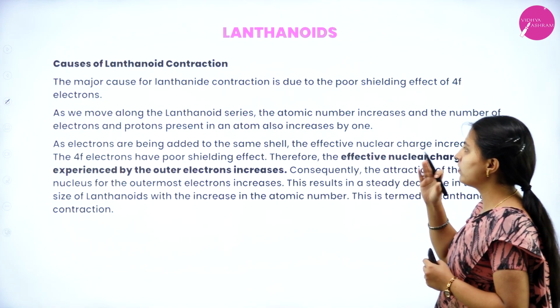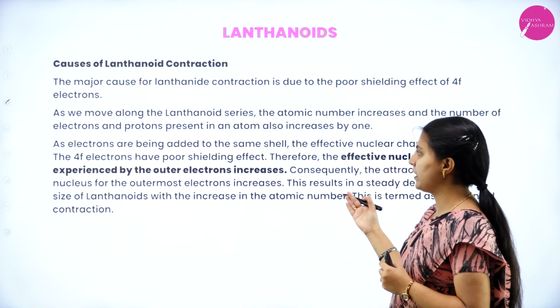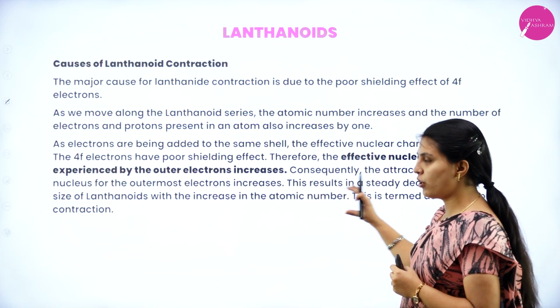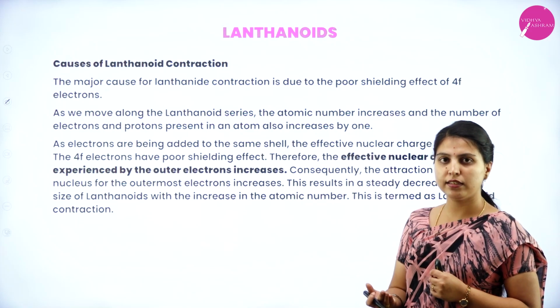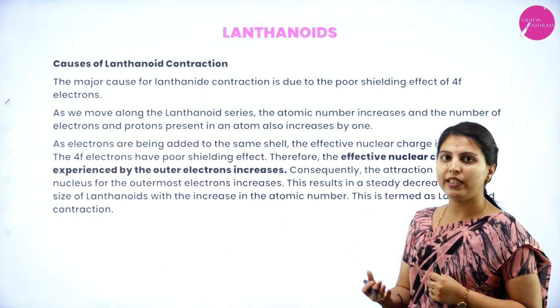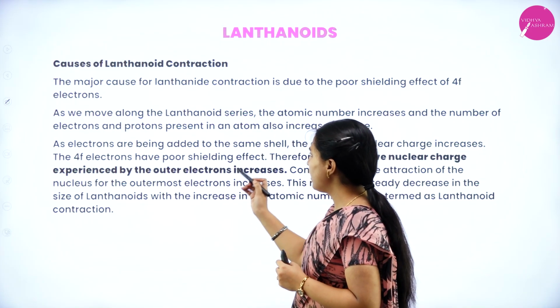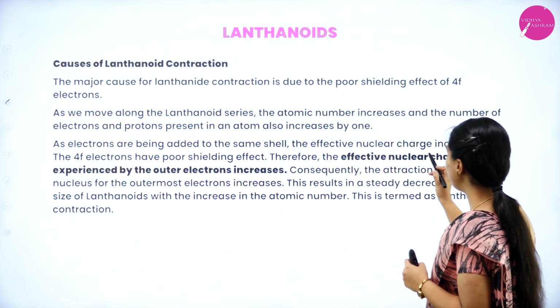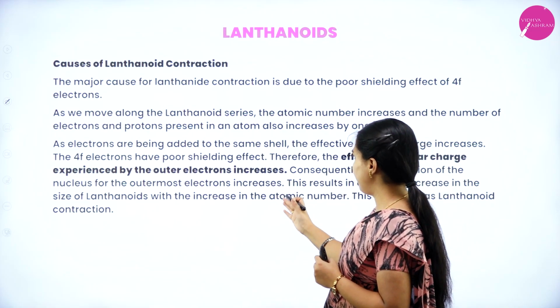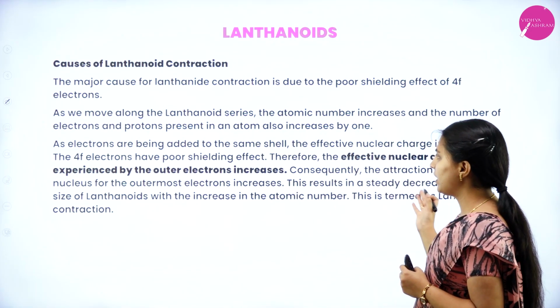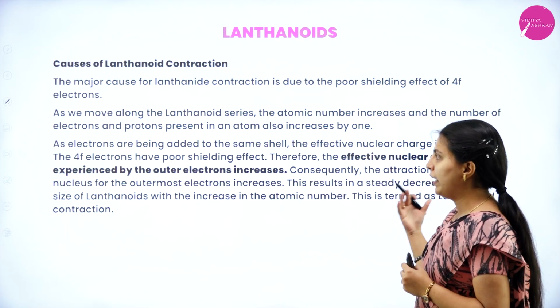The number of electrons and protons present in the atom also increases by 1. As electrons are being added to the same shell, the effective nuclear charge increases. The 4f electrons have a poor shielding effect, therefore the effective nuclear charge experienced by the outer electrons increases.